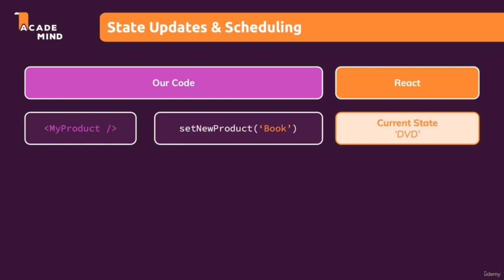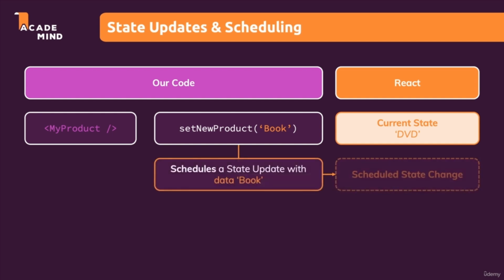DVD is not instantly replaced just because setNewProduct is done running. Instead, calling setNewProduct and calling those state updating functions in general schedules a state update with the data book. But that's now a scheduled state change.